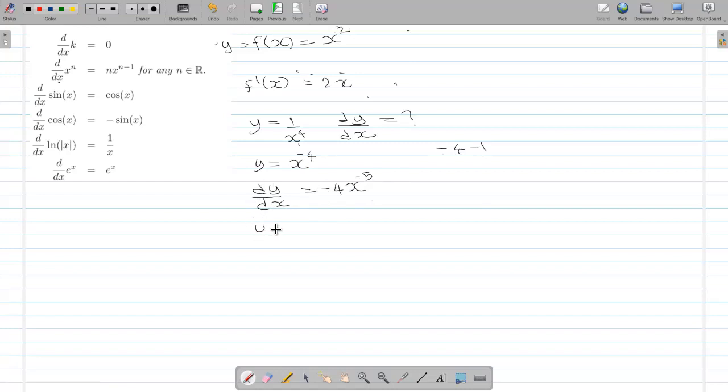And let's say I give one like this, the cube root of x. It's always the same formula.